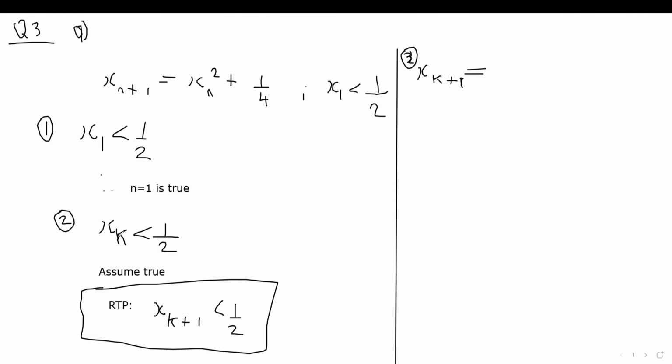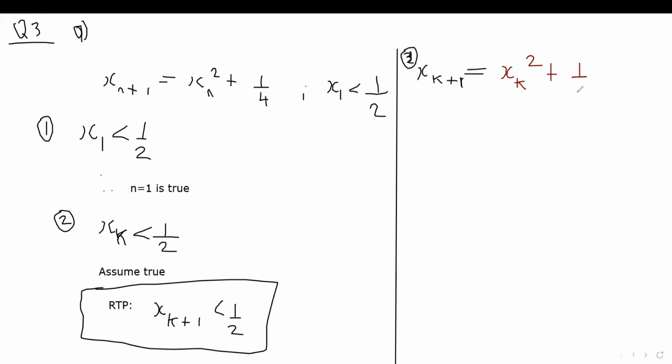Yeah, xk, sorry. Thank you. So xk plus 1 from this formula is going to be xk squared plus a quarter.